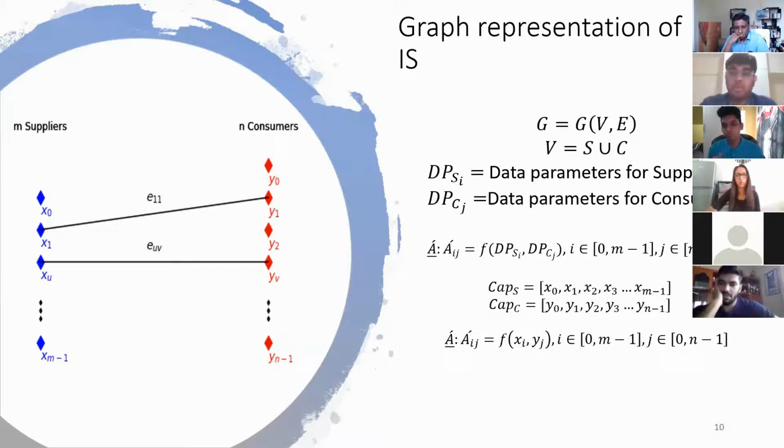So for example, the assignment matrix you see here is equal to some function of the data parameters for supplier I and consumer J. For example, if we only considered the resource capacity to weight the edges, maybe because we want to find a matching where the minimization of unshared byproduct is the constraint, then D would be equal to 1.